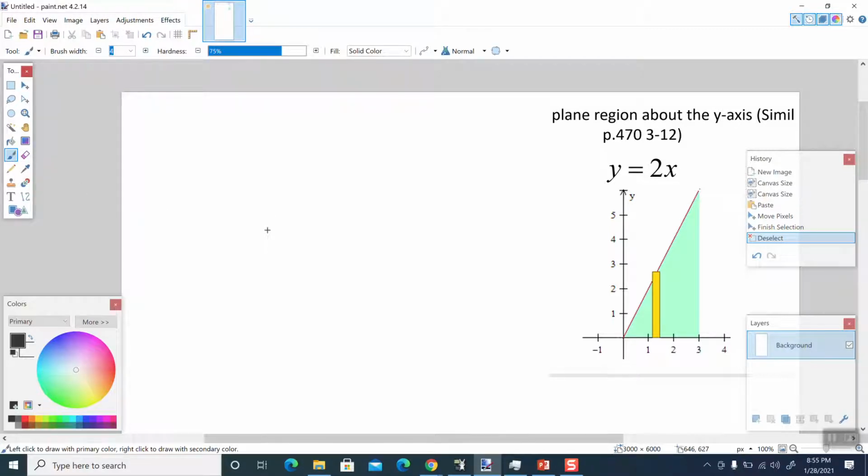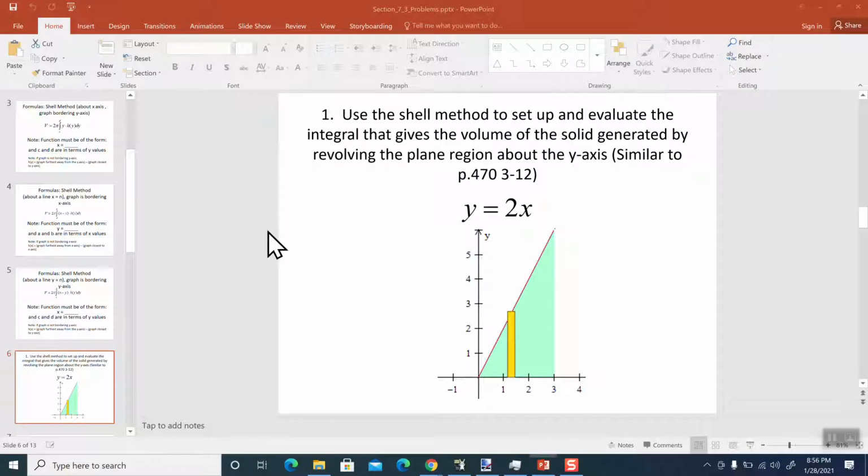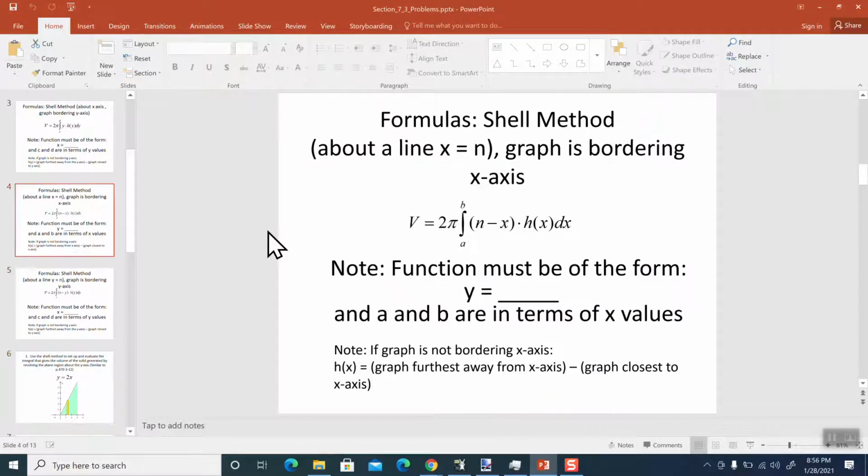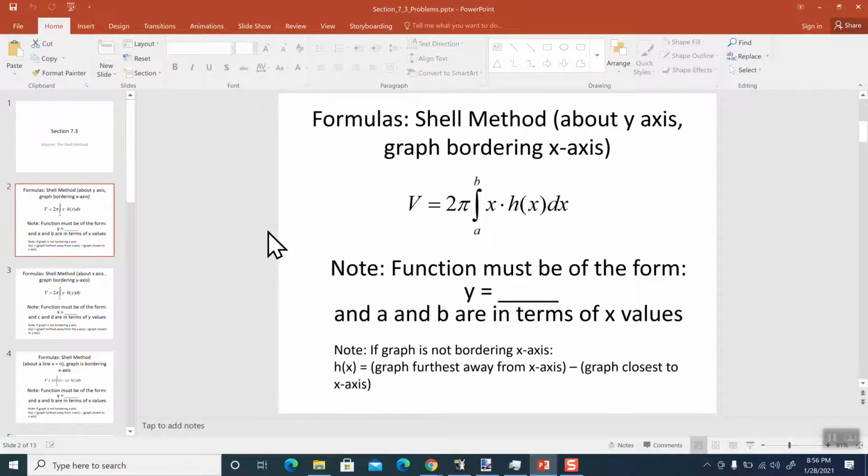On the test, I'll ask you to use the disk method or the shell method. You won't have to sit there and figure out which one. And I'll just do the setup on these.